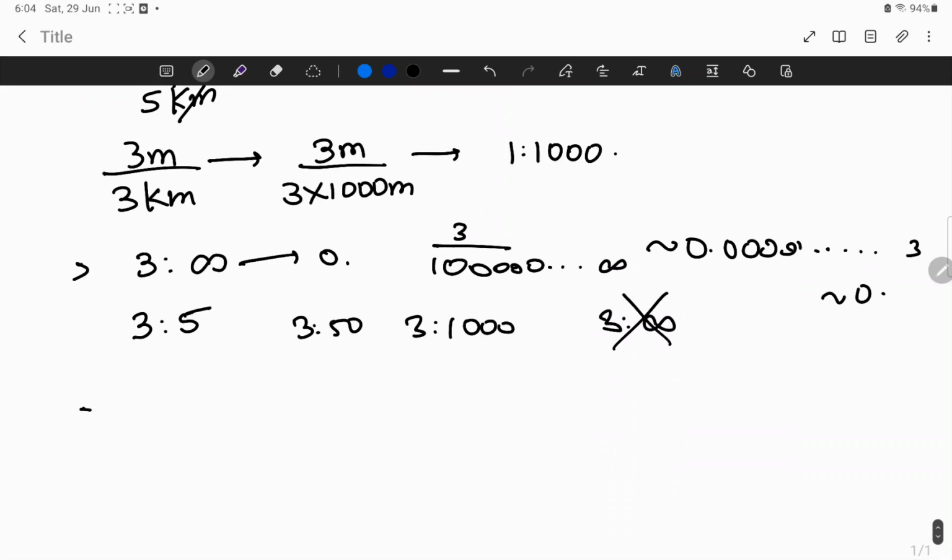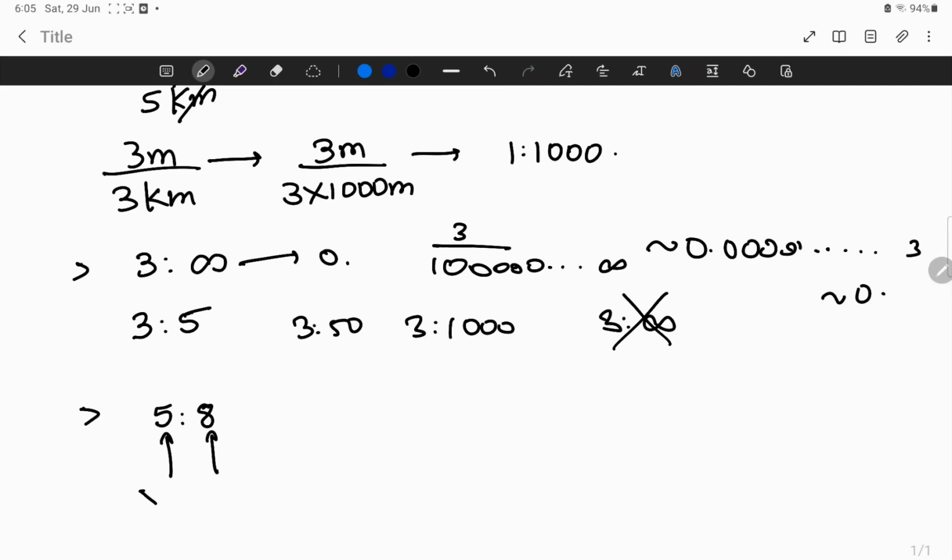Now to keep a ratio constant, let's choose other numbers, say 5 is to 8. If you want to keep it constant but you are also planning to multiply it, then you have to multiply your antecedent as well as your consequent, and both of them have to be multiplied by the same number.